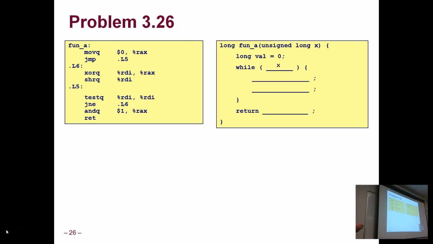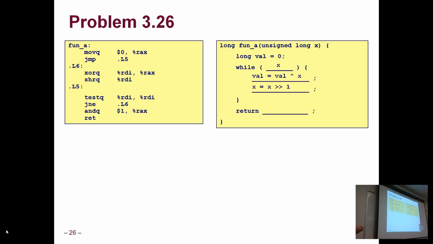The next one is, so the branch here goes to L6. You do an XOR quad of x, which is an RDI, into RAX. So assuming that val is equal to 0, because this is moving a 0 into RAX, this is taking val and XORing it with x. And then you do a shift right quad of RDI. So this is shifting x by 1 position to the right.